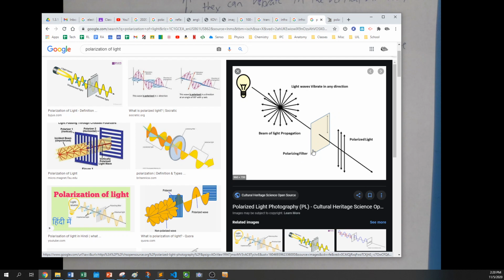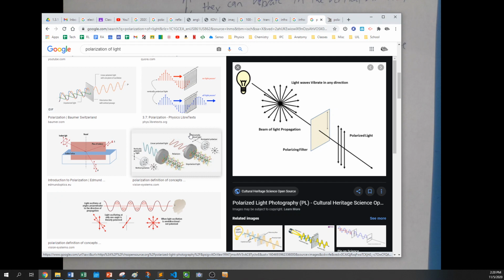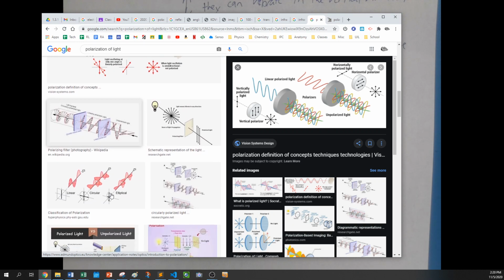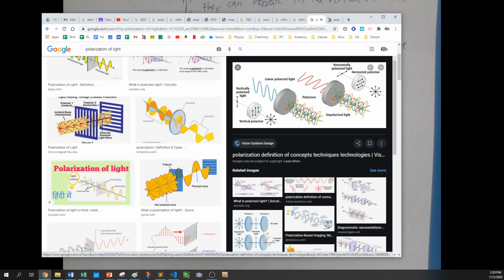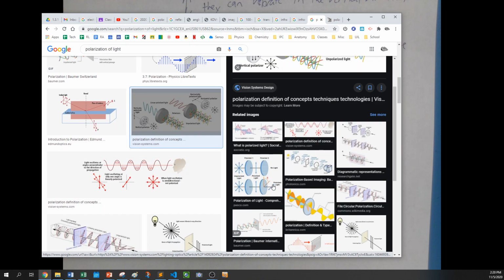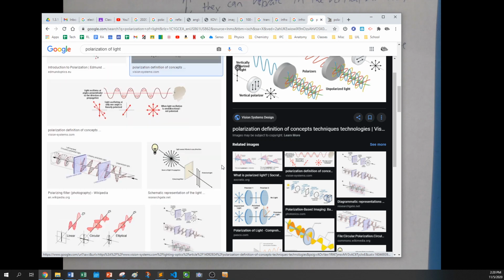Depending on the filter, it can block in any way. A vertical filter would block horizontal light, and a horizontal filter would only let horizontal through. This is actually quantized, and really explaining this takes quantum mechanics. But just know that that's how light behaves.